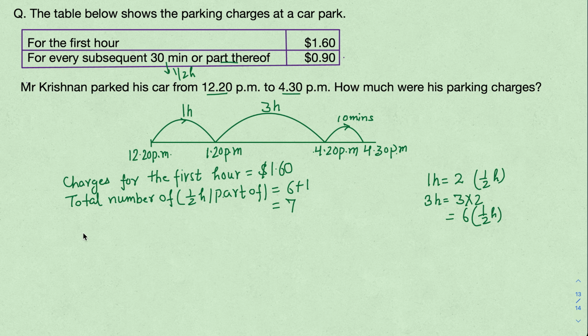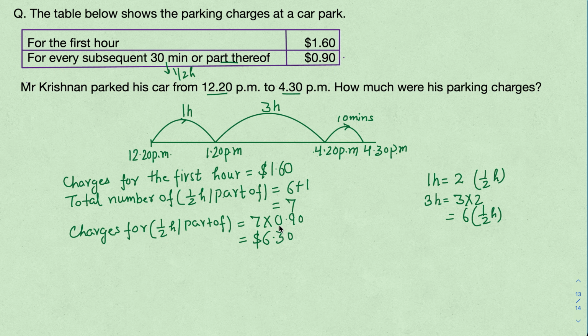So what will be the charges for half an hour or part of? It will be 7 times 90 cents, which will give us $6.30.